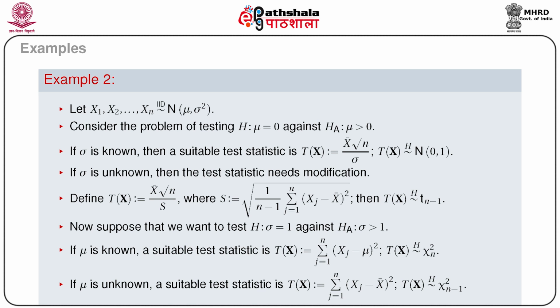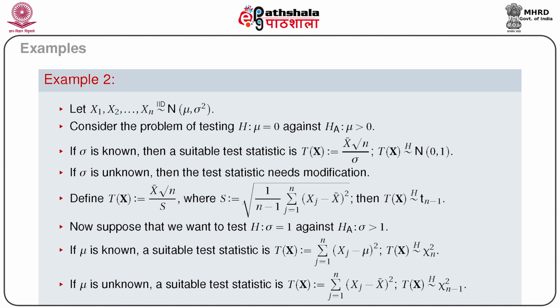First, we consider a random sample x1, x2 up to xn of size n drawn from a normal mu, sigma square population. Suppose we are interested in testing H: mu equals 0 versus HA: mu greater than 0. If the variance is known, say sigma equals 1, then we use the test statistic capital Tx equals root n times x bar divided by sigma.